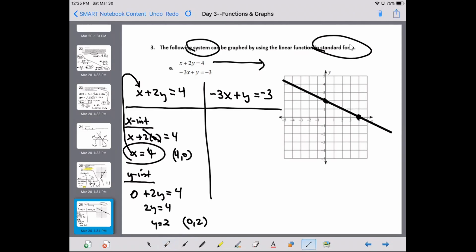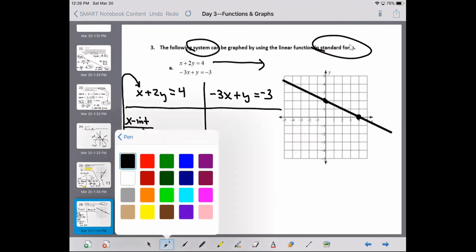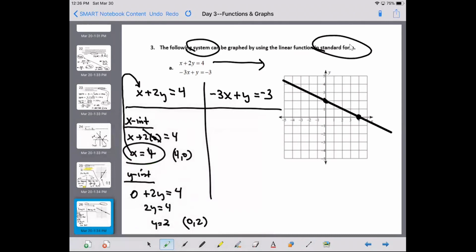Now let's look at the second equation. I want to find the x-intercept. So I'm going to have negative 3x plus 0 is equal to negative 3. So negative 3x is equal to negative 3. So x is 1. So (1, 0) would be the x-intercept of the second equation in green.